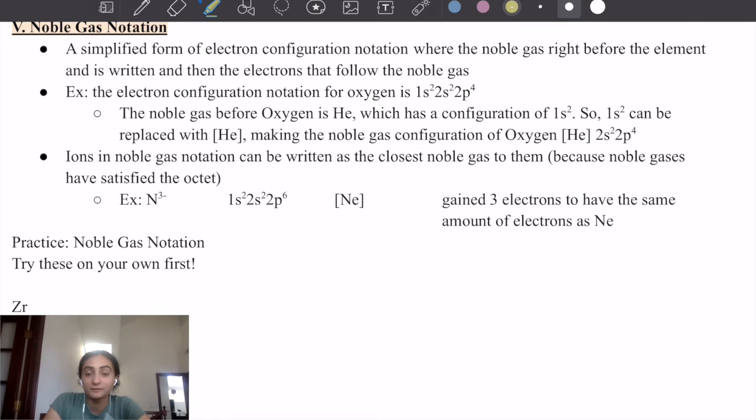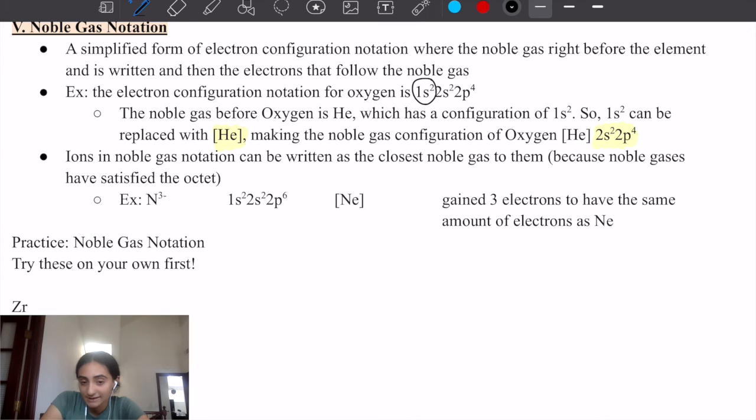The noble gas before oxygen, as you can see on your periodic table, is helium. So if we wanted to write the noble gas notation for oxygen, we would write helium in brackets and then write 2s2, 2p4 afterwards, because helium was a substitute for 1s2, since the electron configuration for helium is 1s2.